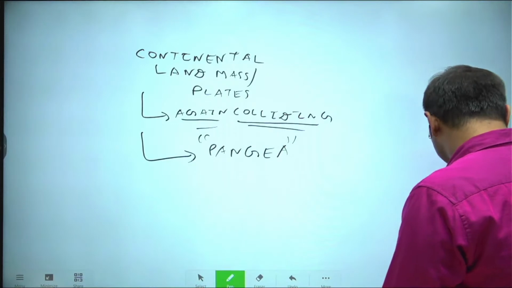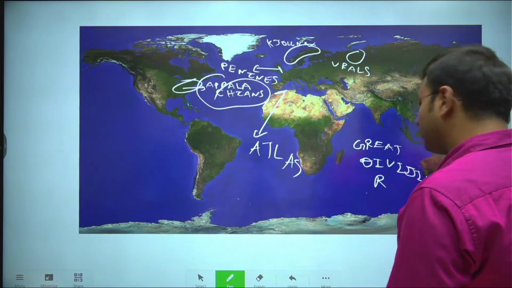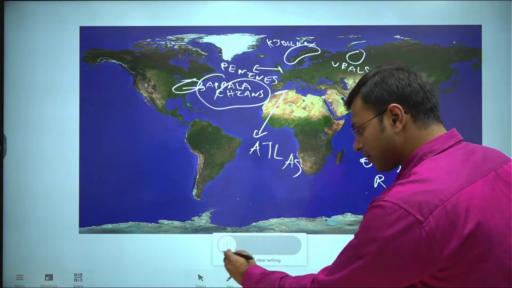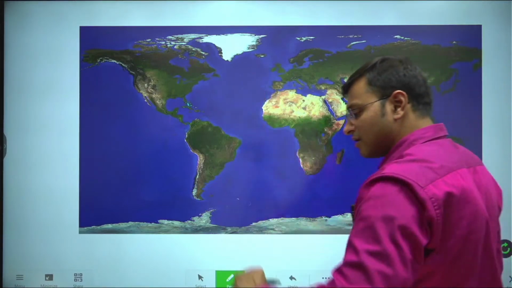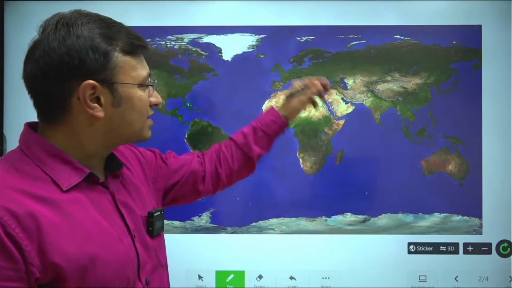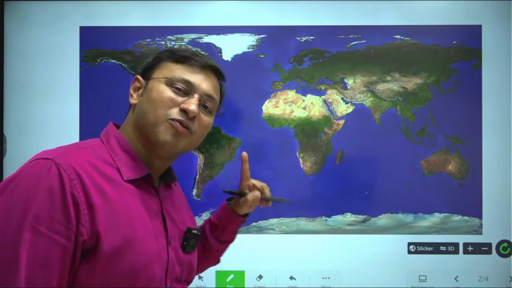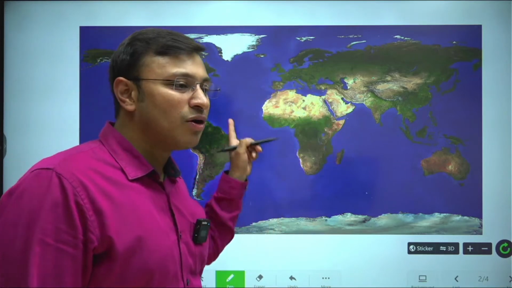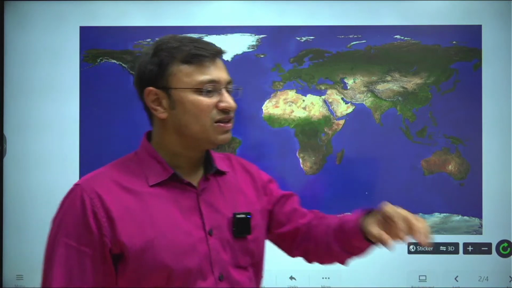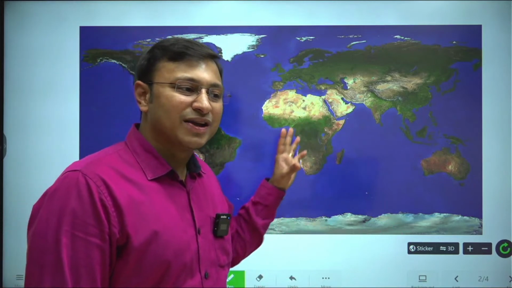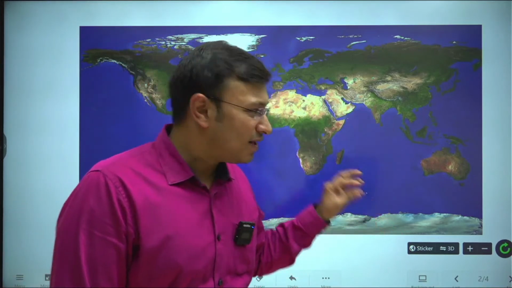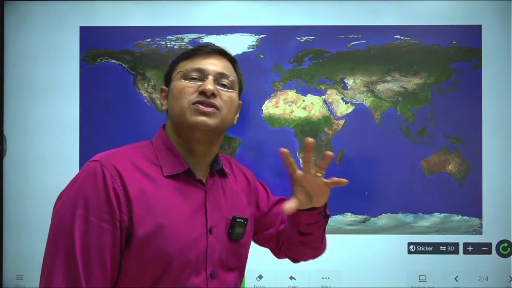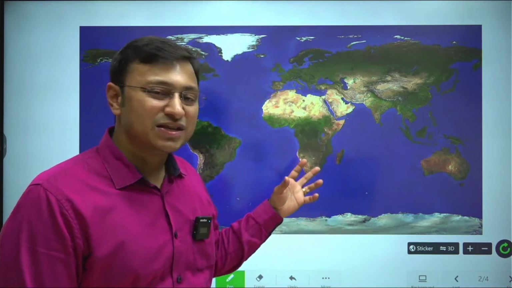So the continental landmass which you are seeing in this atlas is basically the result of the breakup of Pangaea. Please make sure you get this concept very properly, that the present day arrangement of the continents is the result of the breakup of Pangaea.